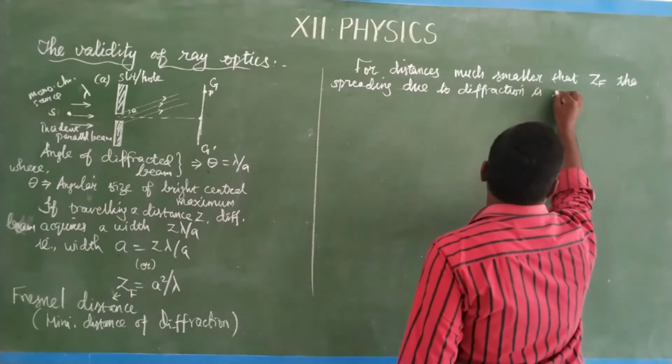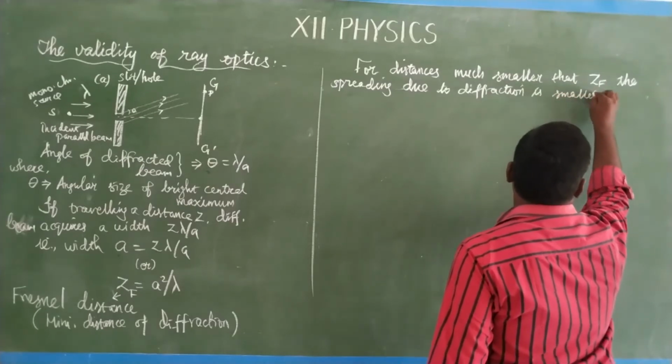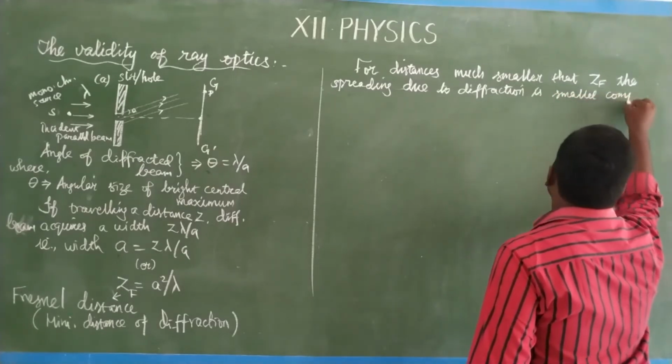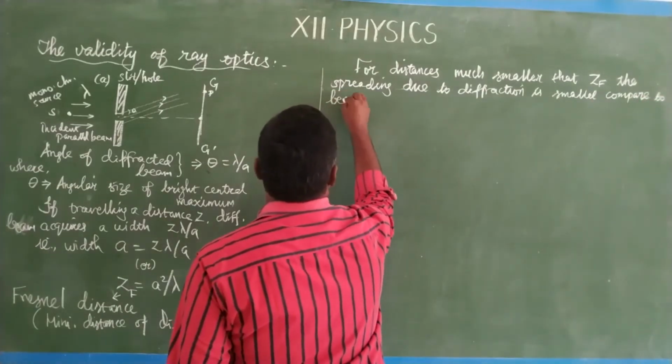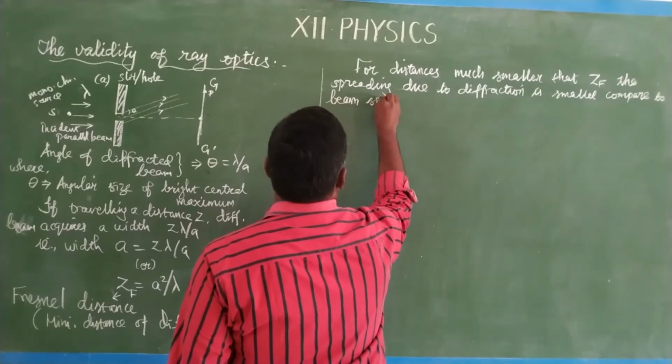Diffraction is smaller compared to the beam size.